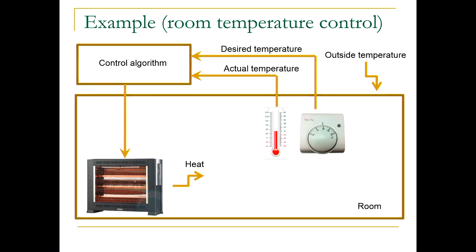So this actuator can affect the behavior of the system. Sensors measure what is happening in the system. Actuators affect the system directly. And then we have all sorts of disturbances, outside temperature being a very important disturbance.